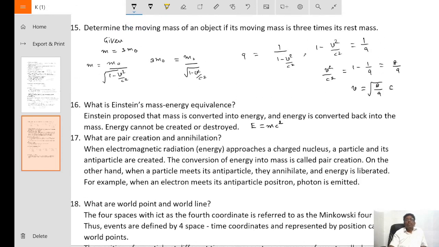Determine the velocity of an object if its moving mass is 3 times its rest mass. Given is moving mass m equal to 3 times the rest mass.